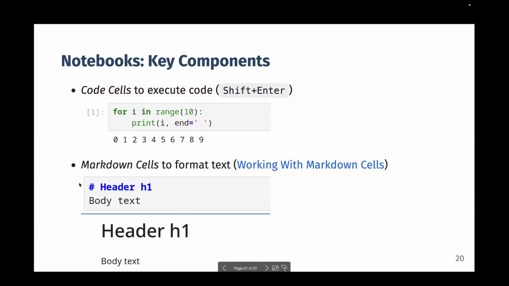Markdown cells. So markdown is essentially just plain text with a bit of extra syntax added. So for example, a single hash gives you a header, two hashes give you a subheader, and this is a very common standard pretty much all over the web. I think Jupyter uses essentially what's known as GitHub flavored markdown for people who are familiar with working on GitHub.